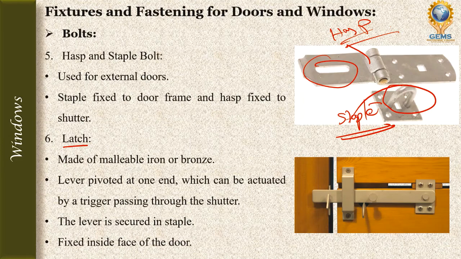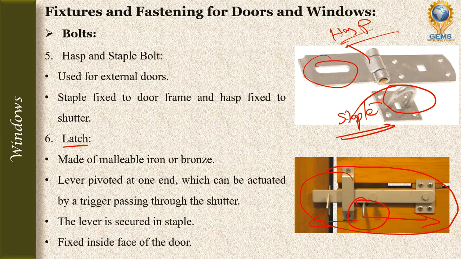Sixth is the latch. So this is a latch. If you move this side, you will unlock it. If you move this side, you will lock it. This latch will be made of iron or bronze. One lever is pivoted at one end, which can be actuated by a trigger passing through the shutter. This is the lever.